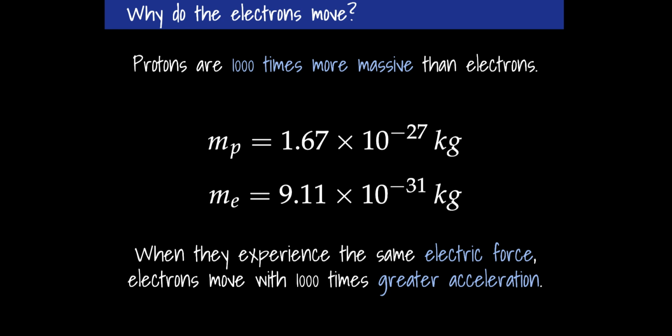So when they're subject to the same electrical force, action-reaction pairs, equal in magnitude, the acceleration of the electron is 1,000 times greater. It's the electrons that move because they're light and wispy. The electrons do all the moving around.